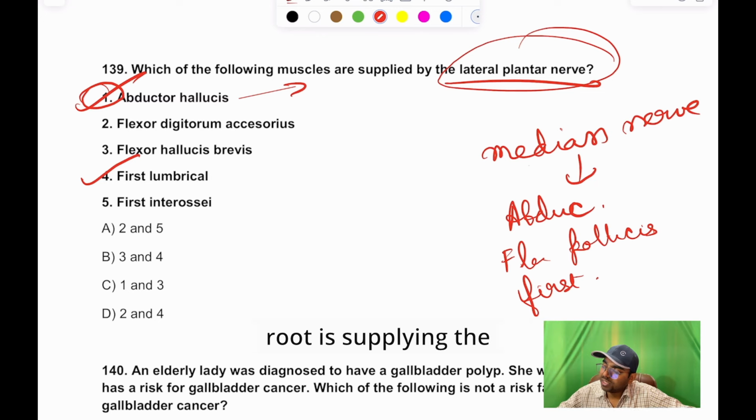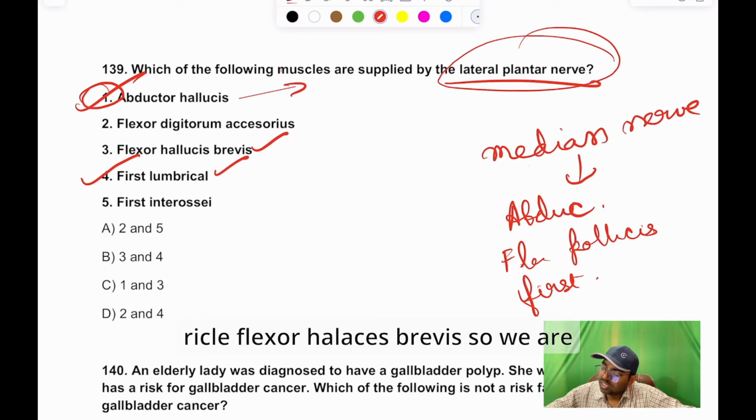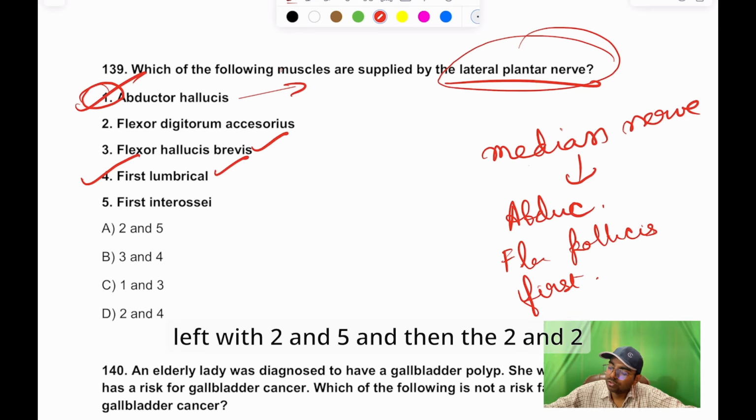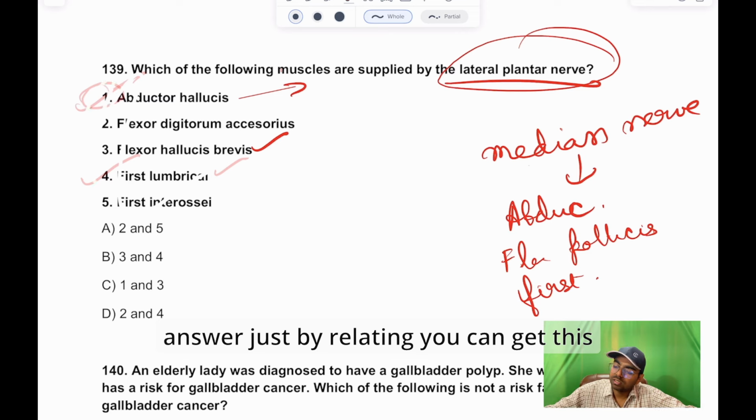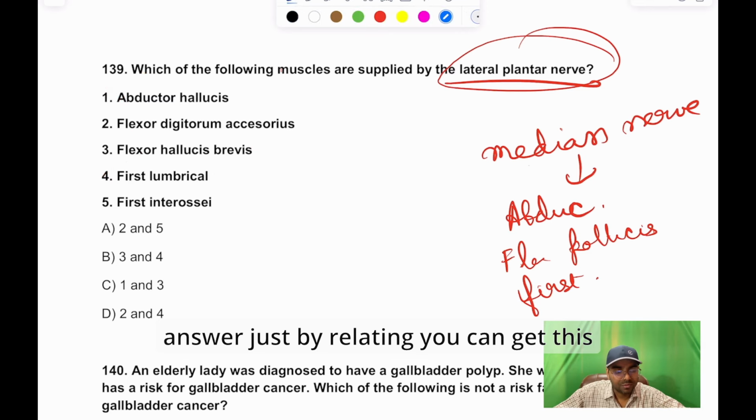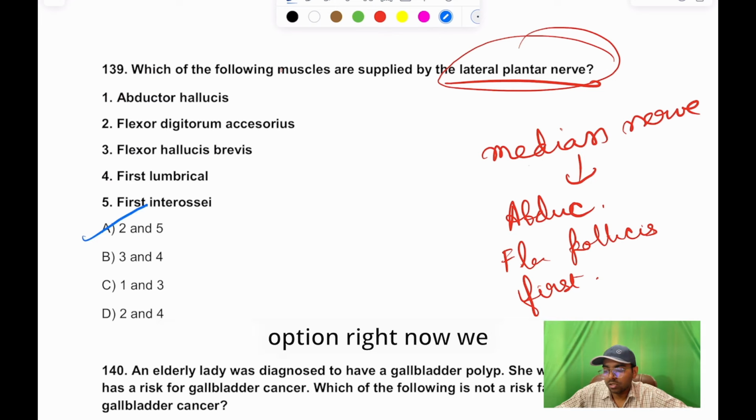So here the median nerve would be supplying the abductor hallucis, first lumbrical, flexor hallucis brevis. So we are left with 2 and 5, and then 2 and 5 are the correct answer. Just by relating, you can get this option right.